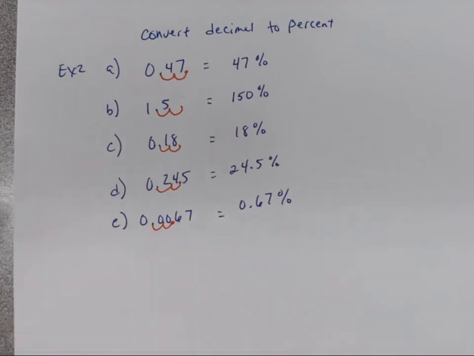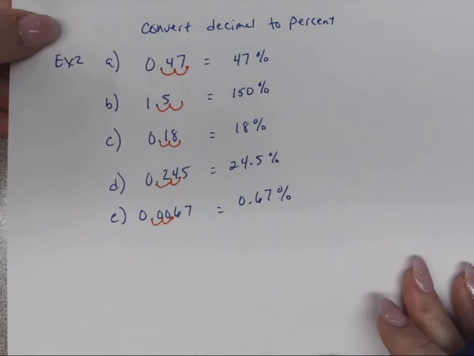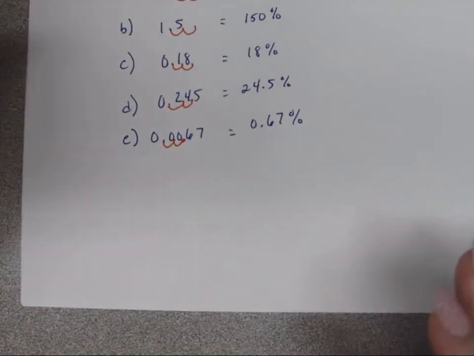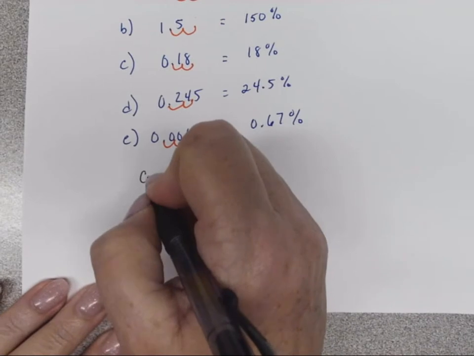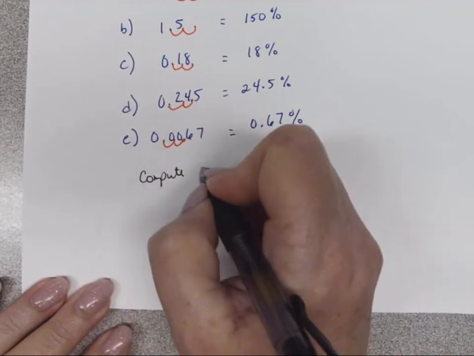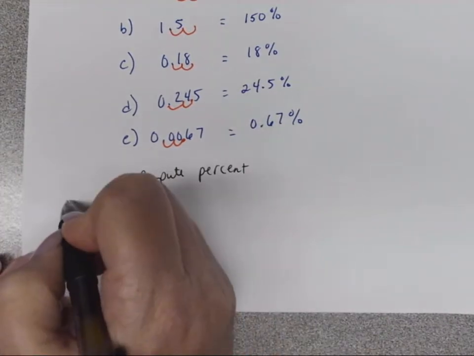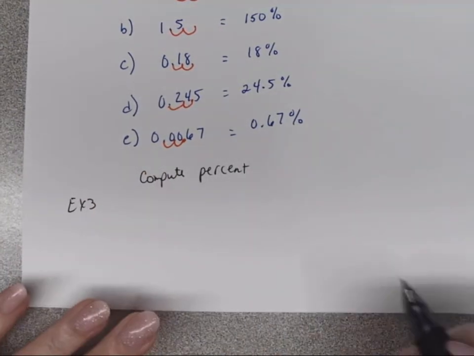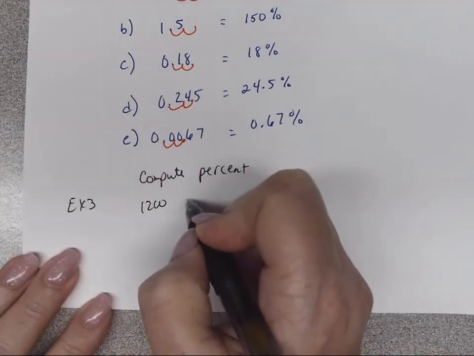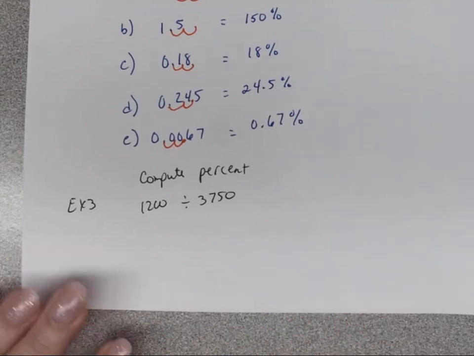All right, let's look at computing a percent. So we're looking at example 3. So we're looking at 1,200 divided by 3,750.